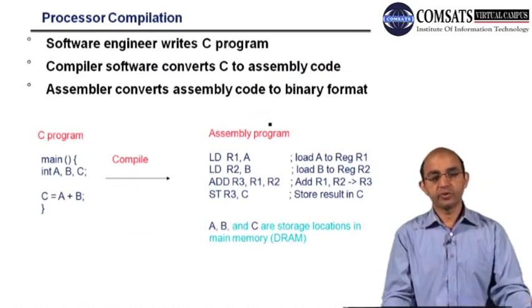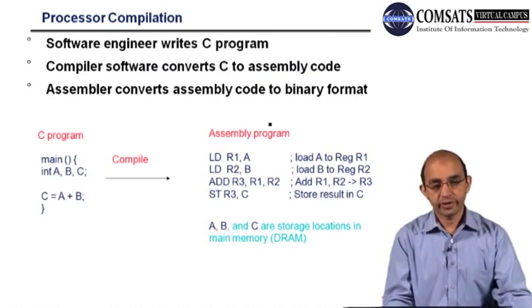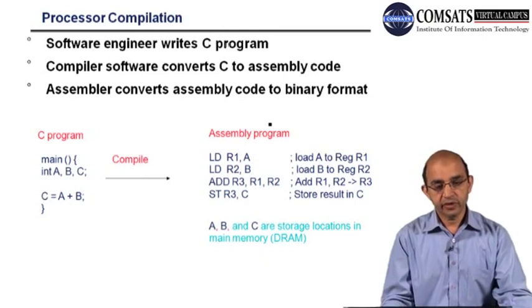Whenever we talk about the processor, we also talk about the compiler. So what are the normal steps? We write the C code, the compiler translates that code into assembly language, and the assembler converts that assembly code to binary format, which is ones and zeros.